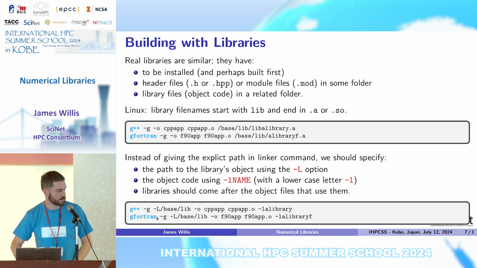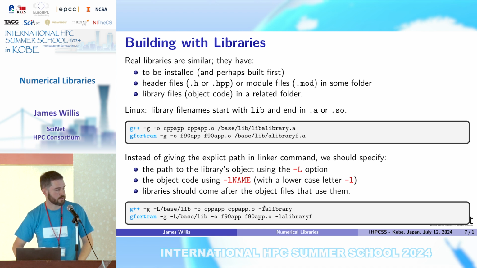What this does is specify the location of where all the libraries exist. And then we use the lowercase -l to just give the name of the library, as shown in this case here.